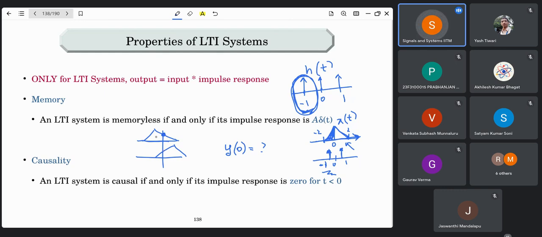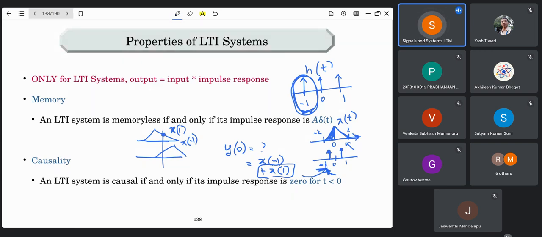You have to add the signal's value at x of 1 and x of -1, and that is the output at y of 0. The y of 0's output is x of -1 plus x of 1. This x of +1 is coming because of the impulse at the negative value of time.